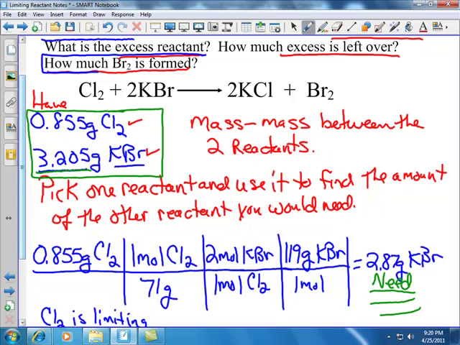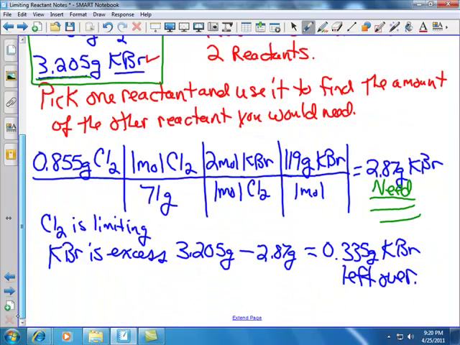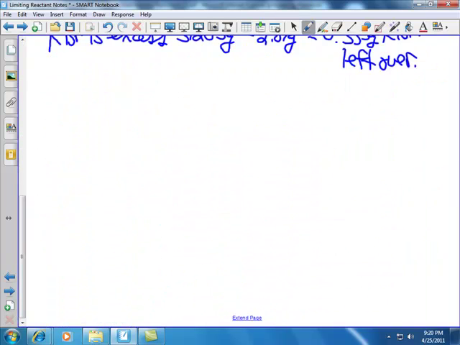Now, what I want to do is go back and answer this question. Okay, how much Br2 is formed? Br2 is a product. Now, whenever you are finding the amount of product that's formed, you may only use the limiting reactant. So I want to make a star here, and I want you to write that down.